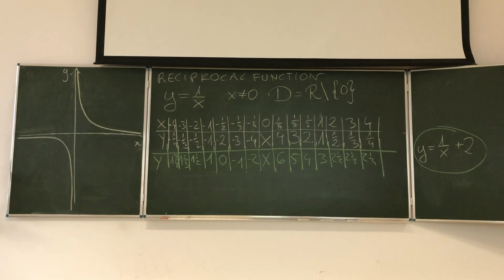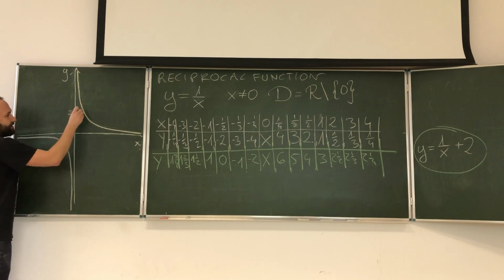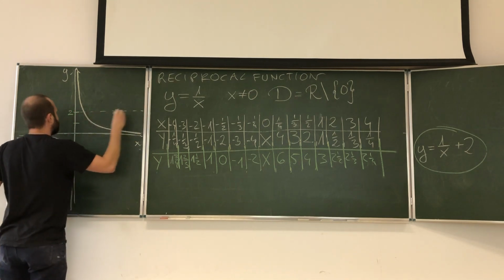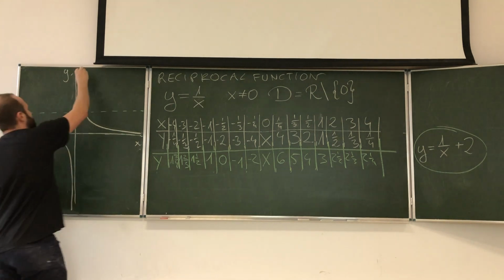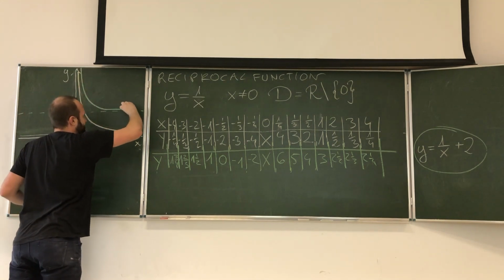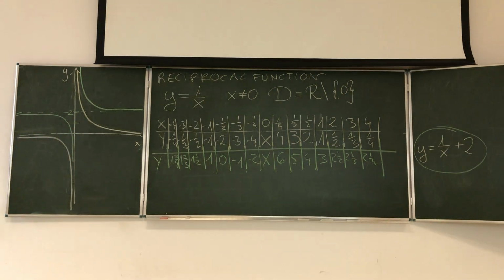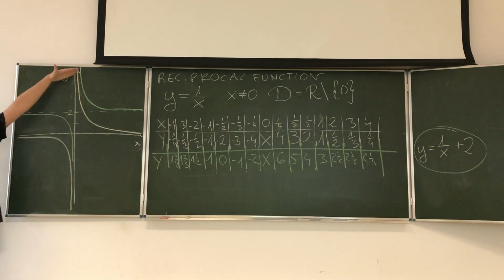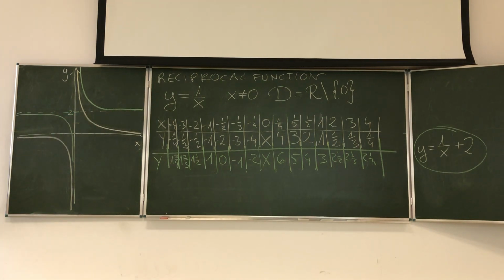So the easiest way to graph the new function is to draw a new asymptote on 2, and then draw the function like that. We are drawing exactly the same function as here, just 2 points higher. So we can treat this as our old x-axis.